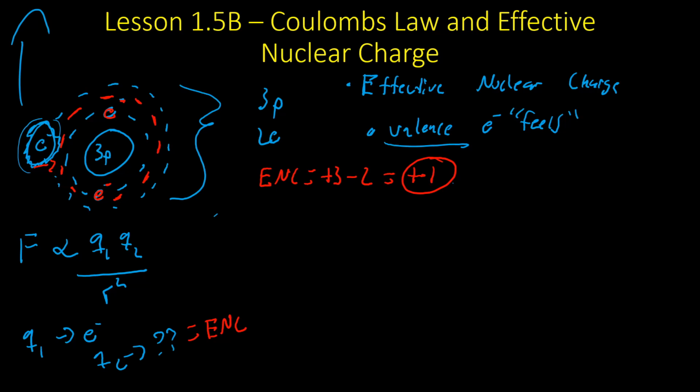And that becomes Q2. Now if I go back to Coulomb's law, I can call -1, the value I had before, the charge of the electron, +1, the effective nuclear charge. This is again the electron. And then r squared just being that distance. And that's all for this example.